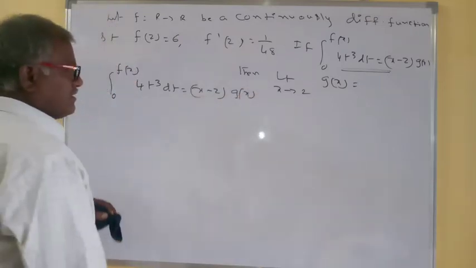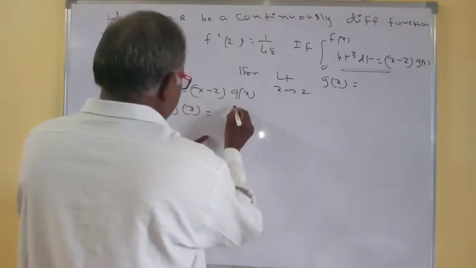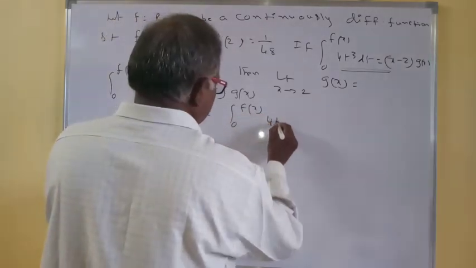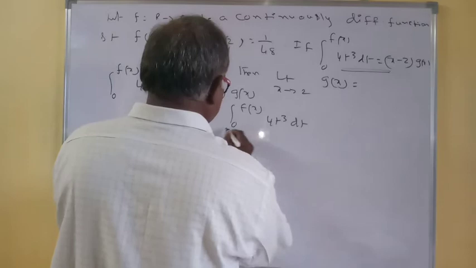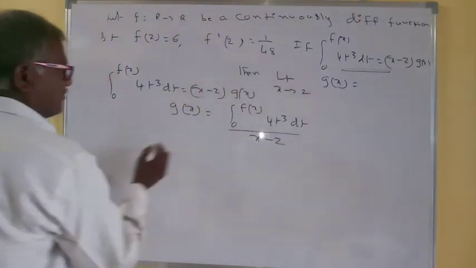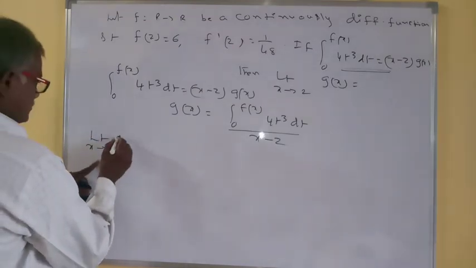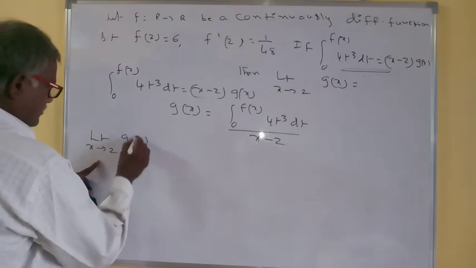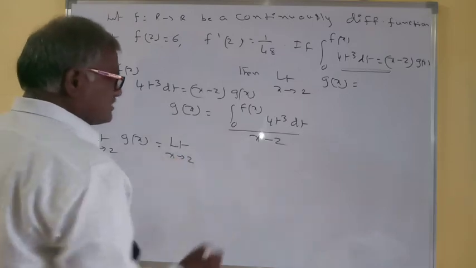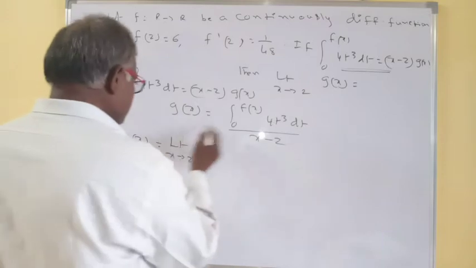That means g of x is nothing but the integral from 0 to f of x of 4t cube dt divided by x minus 2. Now we have to find the limit as x tends to 2 of g of x. The same problem. In limits, I have already explained this type of function.